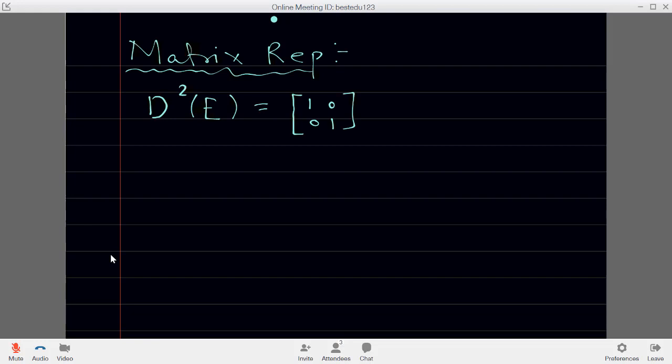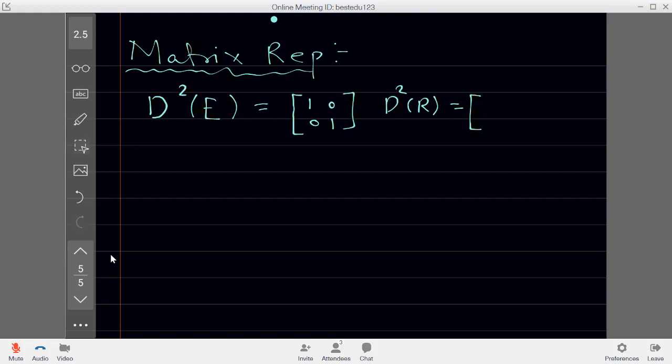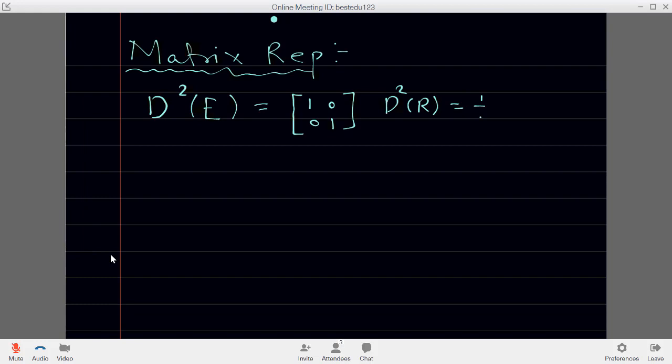Okay. Similarly, let me make a matrix out of R. It's going to be 1 by 2, a two-dimensional matrix, with minus 1 and root 3 in the first row, and minus root 3 and minus 1 in the second. Then the matrix representation of the reflection sigma will be minus 1 0 0 1.